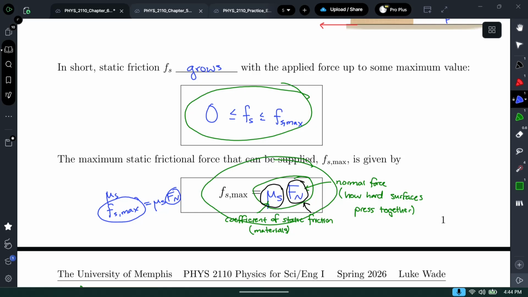A real life everyday example of this is it's one thing to walk on ice on flat ground. It's a little sketchy, but you can get some grip. If you try it on a 50-degree slope, even though it's the same ice and the same shoes, the same two surfaces, so this number's the same, this number is dramatically smaller on that surface. And so the maximum friction you can get out of that surface is smaller.